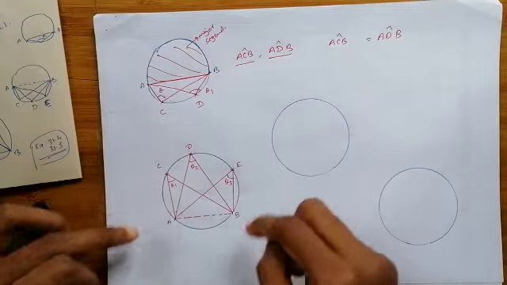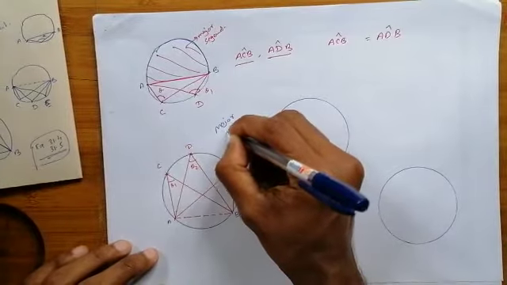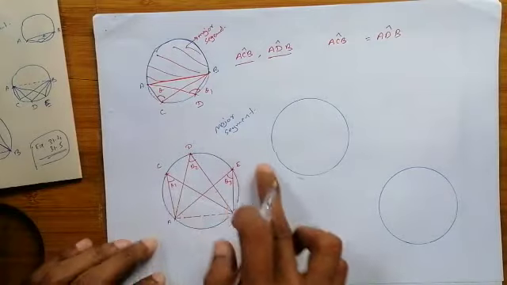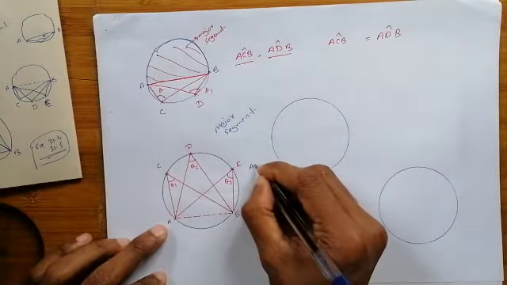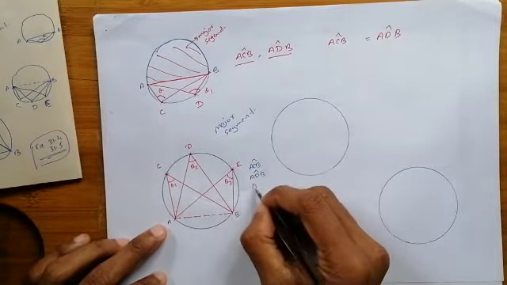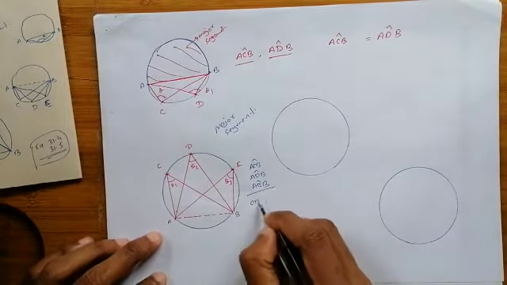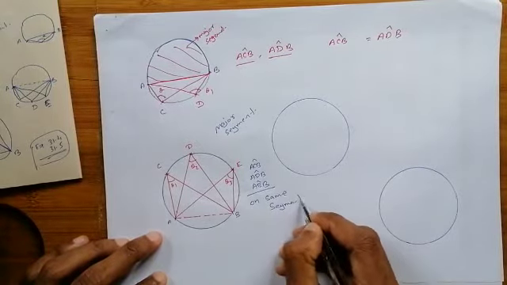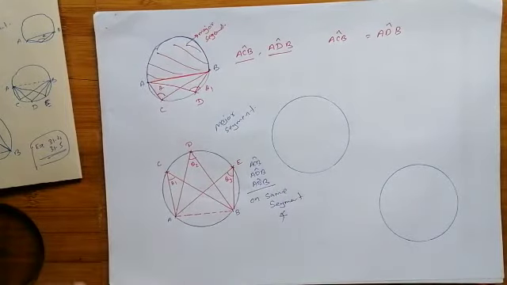In other words, those are in the major segment. So we can call ACB, ADB and AEB angles in the same segment, same segment angles.